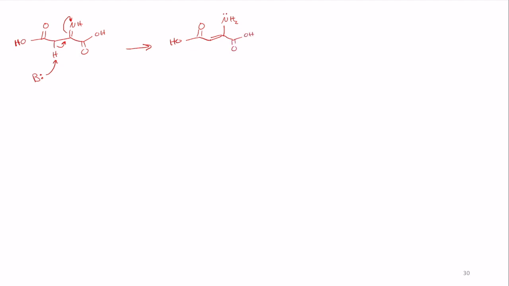And then we're going to bring in a dihydroxyacetone phosphate molecule. And what's going to happen is the lone pair is going to collapse down, and the double bond is going to attack this carbon to kick off the phosphate of the dihydroxyacetone phosphate.